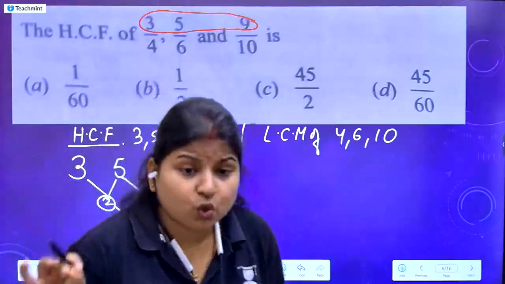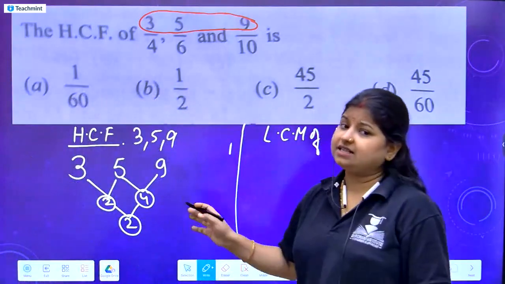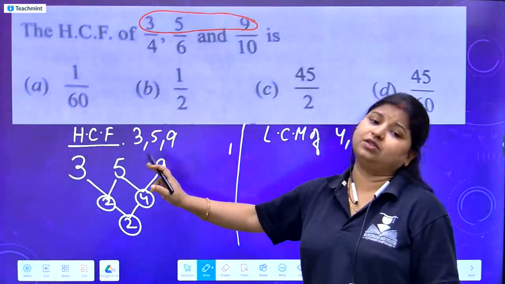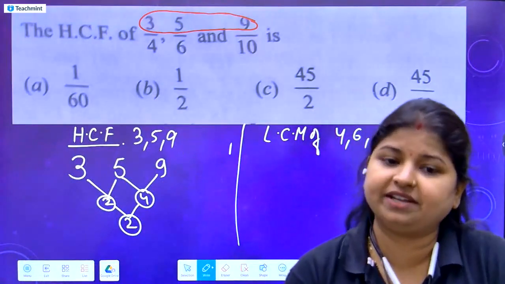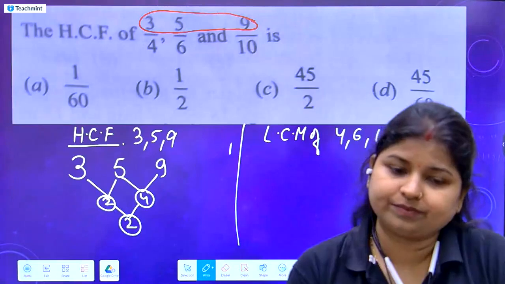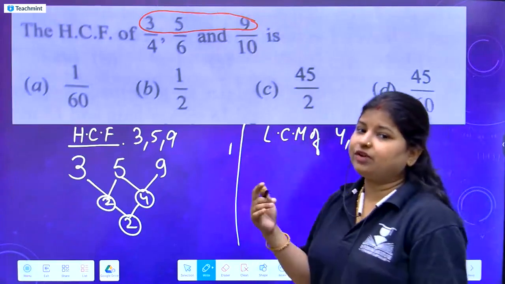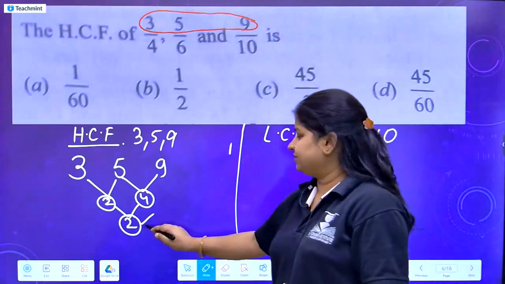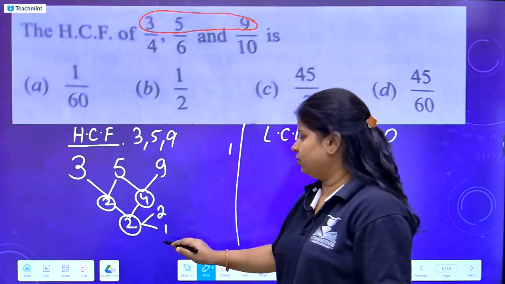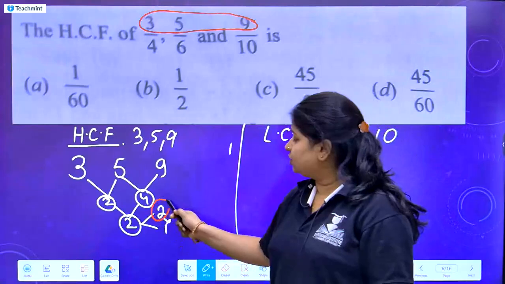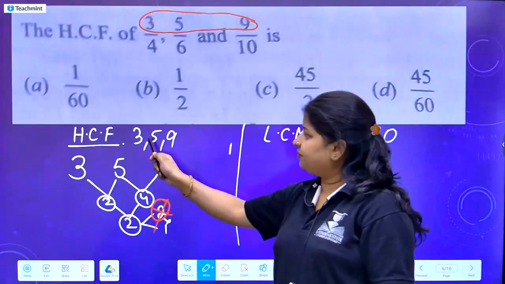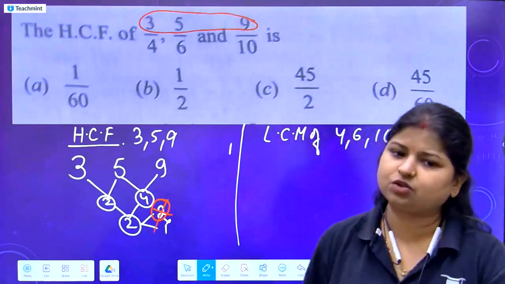Does this 2 divide 3, 5 and 9? No, ma'am. That's why I will just break this. So 2 is equal to 2 into 1. Because this 2 does not divide 3, 5 and 9, I will remove this 2.